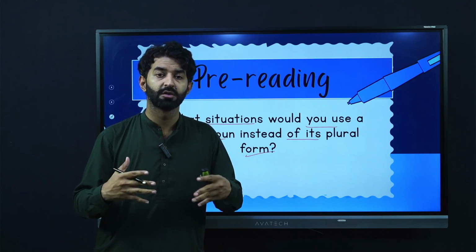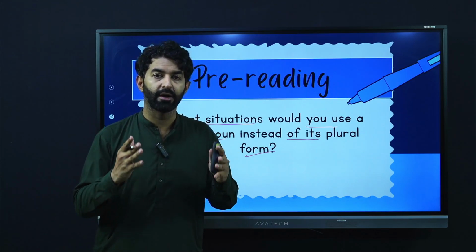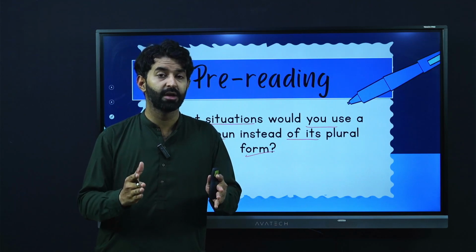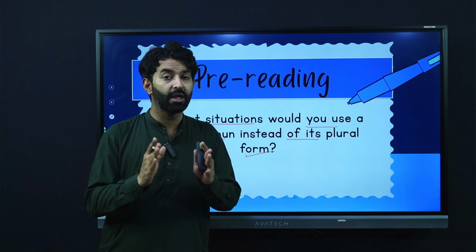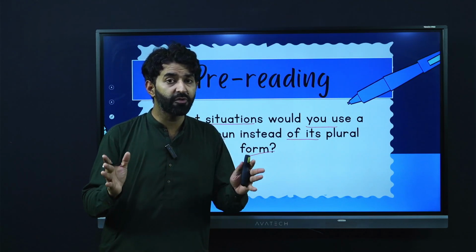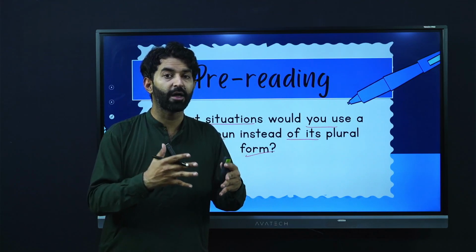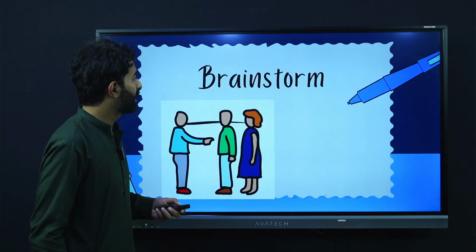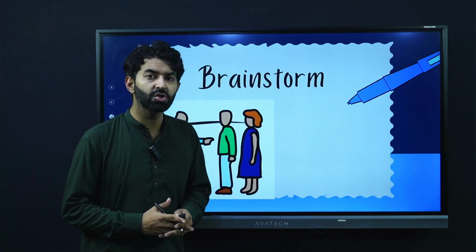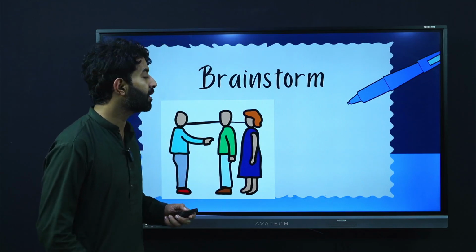Think about it, storm your brains a little bit, so that you cannot forget that singular and plural nouns are different, and you cannot mix one with the other. Now, after this quick brainstorming session, I hope that you have understood it well.